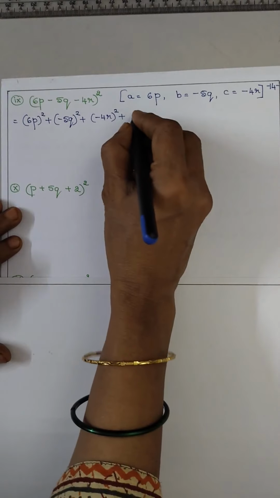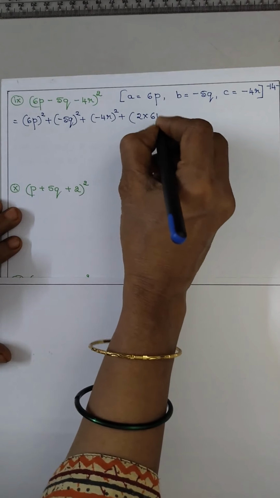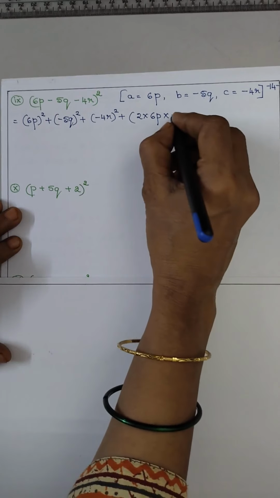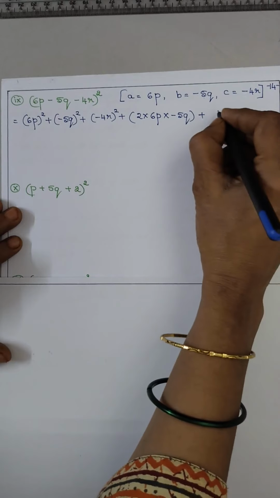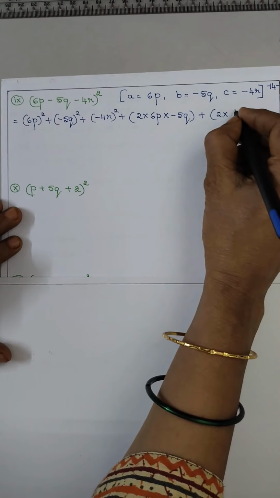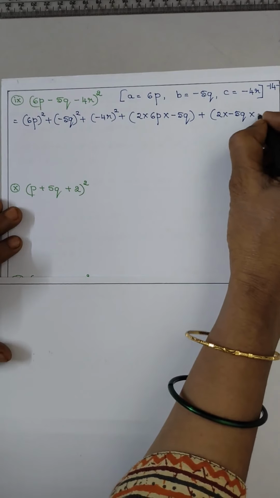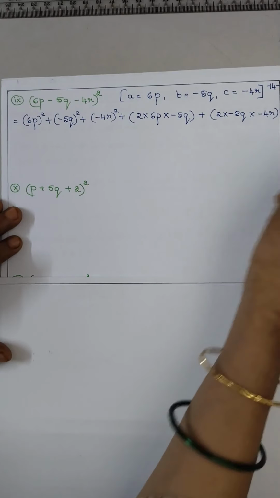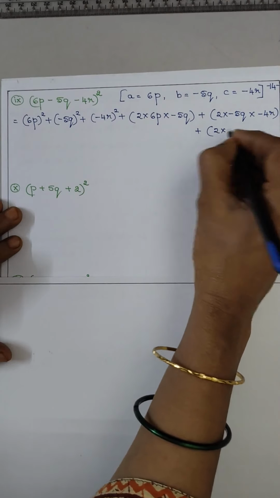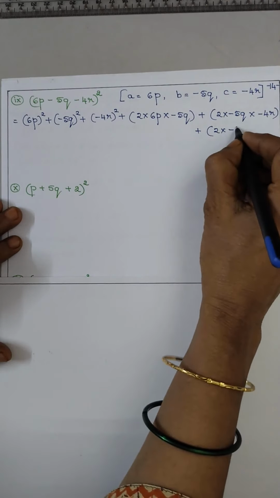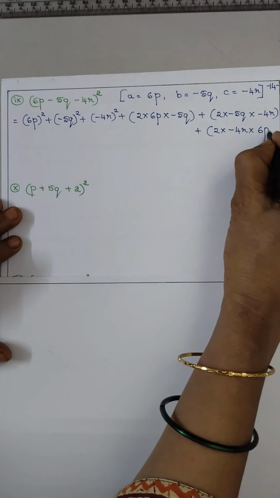Now 2ab, 2, a is 6p, b is minus 5q, 2bc, 2, b is minus 5q, c is minus 4r, plus 2ca, 2 into c is minus 4r, a is 6p.